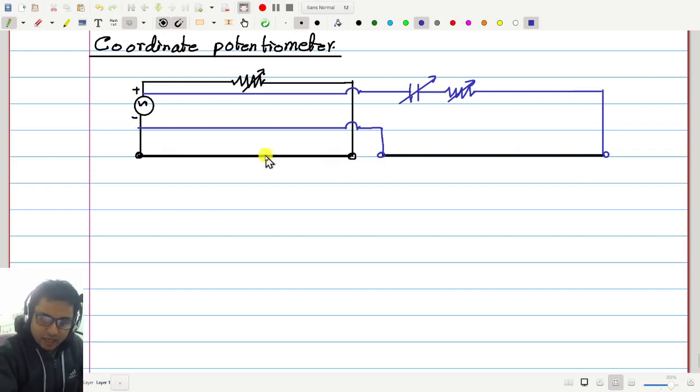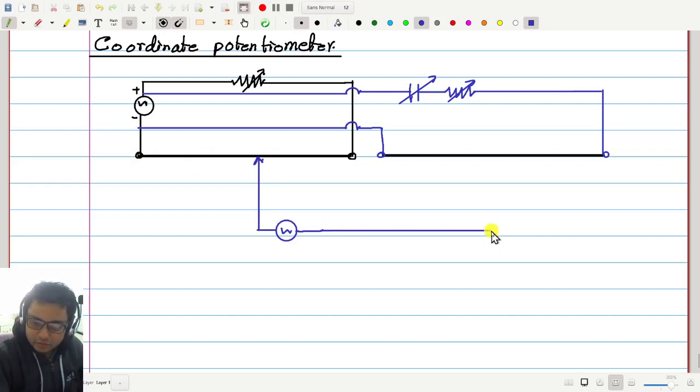Okay, and then when we measure the unknown voltage, suppose this is the unknown AC voltage, we can do this. Say we connect one end with a jockey on this wire, another end we can connect here with another jockey.